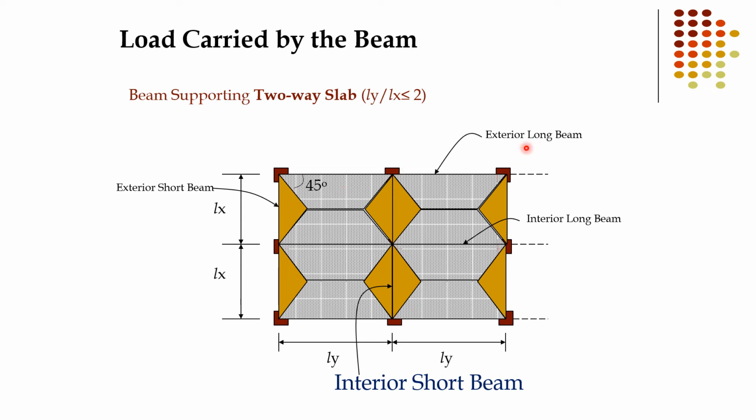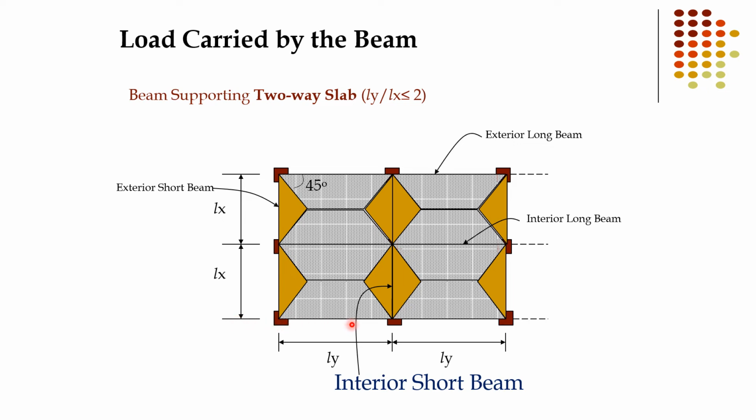Again you can see the nomenclature. This is the exterior long beam, this is the interior long beam, this is the interior short beam, this is also an interior short beam, and this is the exterior short beam. You already know these symbols. This is the longer dimension Ly, this is the shorter dimension Lx of the slab.